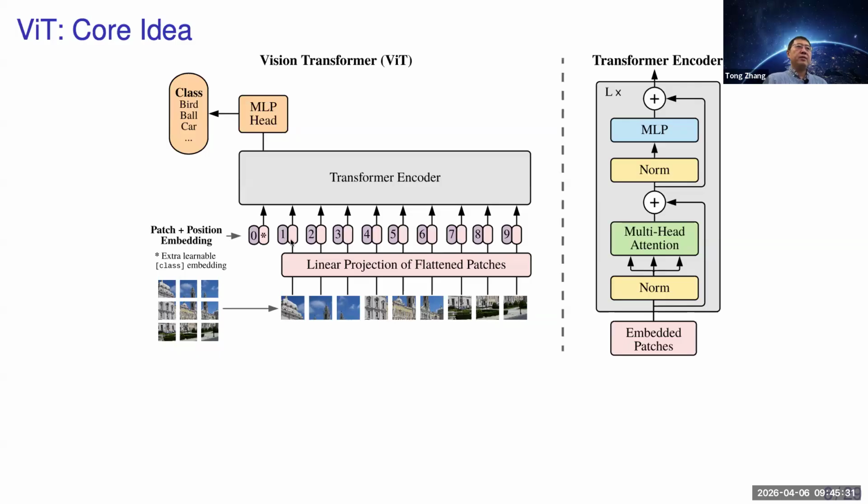Then you get the input and you just go through the transformer. Let's say this one is 512 dimensions, or whatever dimension. Then you go through a standard transformer. Up to the end, you also have these 9 patches, and each one is 512.